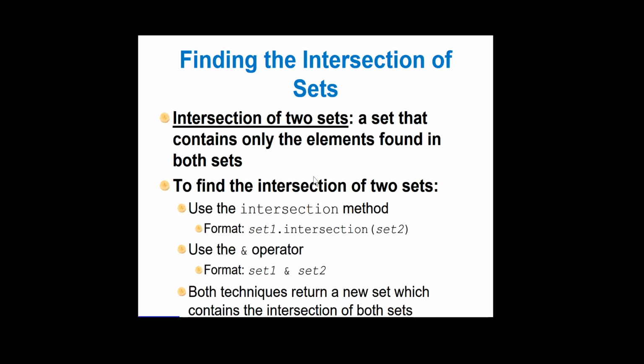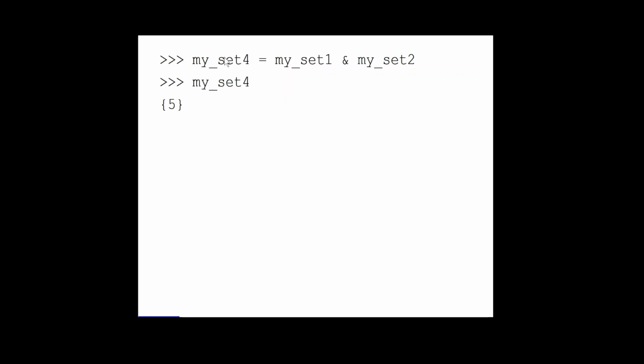We can also do the intersection. The intersection here is finding the common elements between two sets. So we can apply the built-in method intersection, so set1.intersection(set2), or we can use the ampersand operator, and that will allow us to get the intersection. Now look at the example.